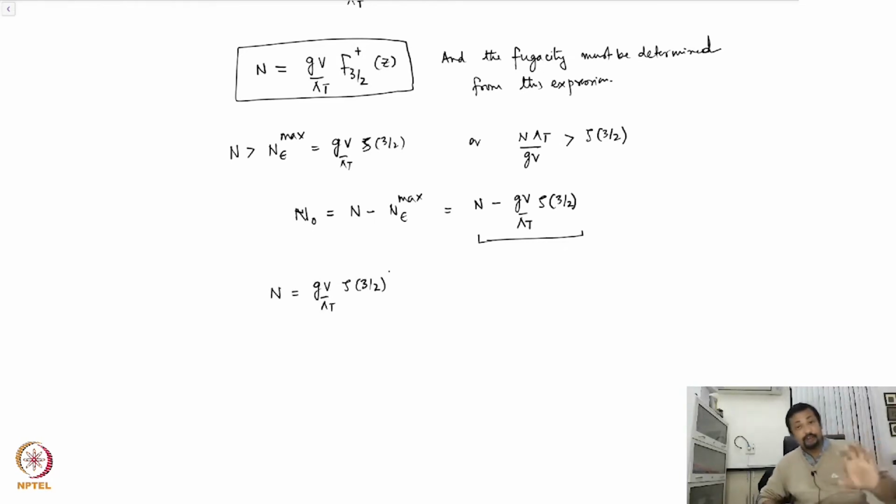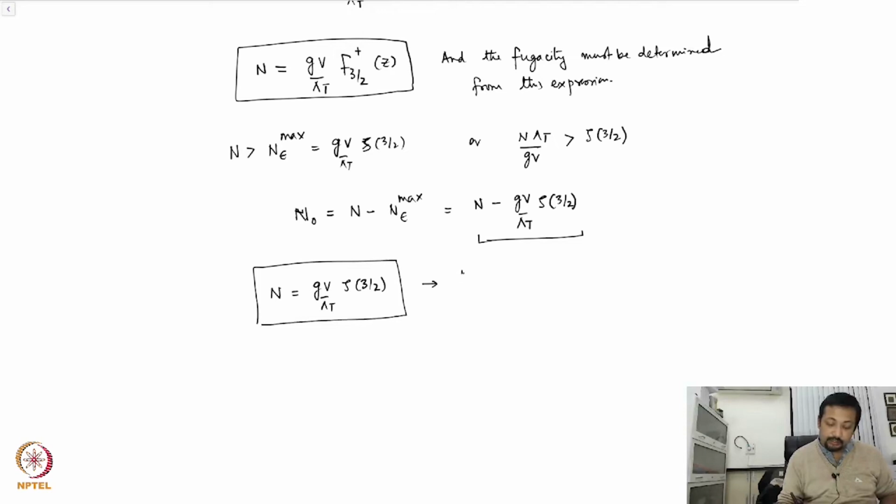That means when your number of particles in the system has hit the upper limit of the number of particles you can put in the excited levels. The condition when condensate starts to appear.